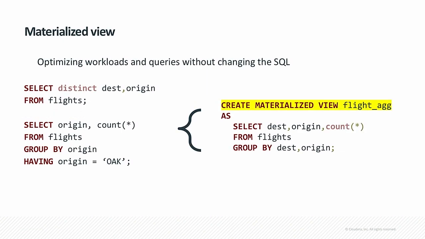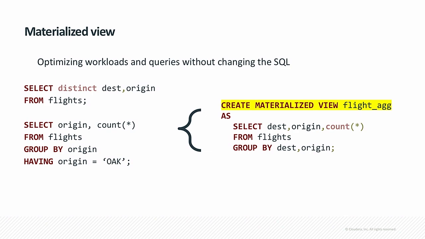So materialized views is one thing. Basically, a materialized view allows you to pre-compute a query. So you'll define a view based on a query, and what the query optimizer is able to do is recognize that you already have a saved result in the database.